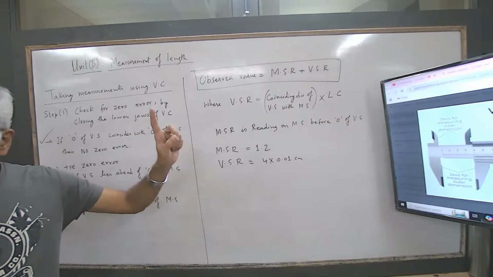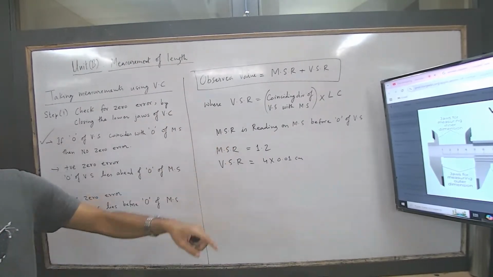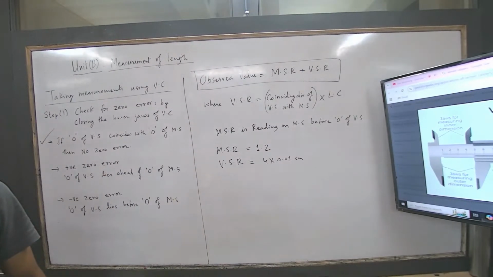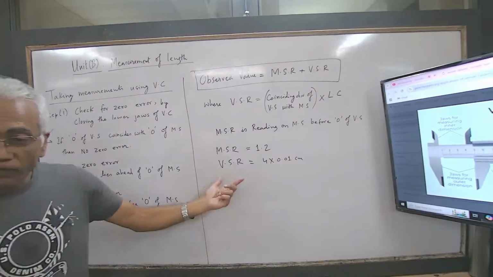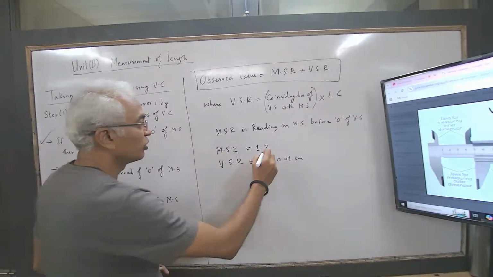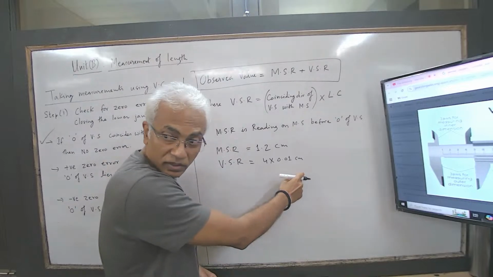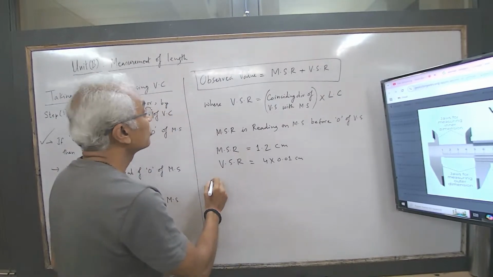Correct? 0.1 millimeter was the least count, write next to it 0.1 millimeter and 0.01 centimeter. Now our main scale is in centimeter, this is 1.2 centimeter, so we converted the least count into centimeter.